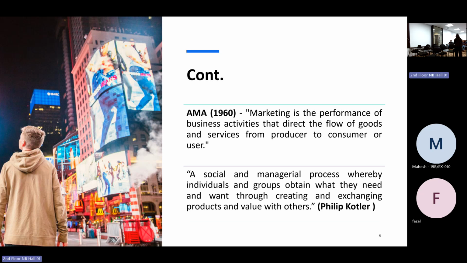Anything that comes to your mind when we say marketing. Selling products or services to customers. Yes, how to sell your products and services to customers. Identifying market segments.